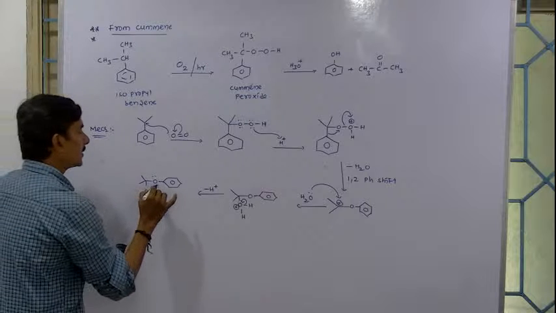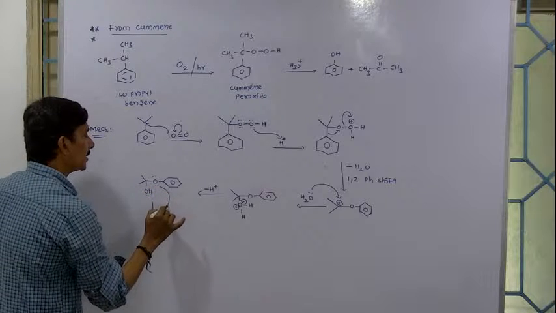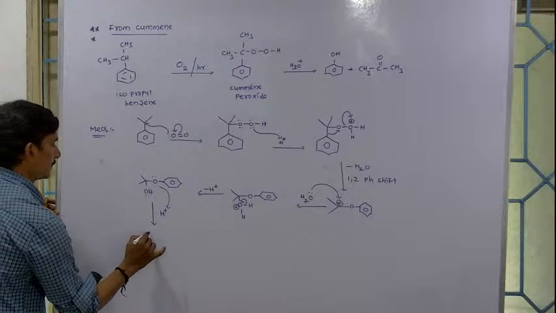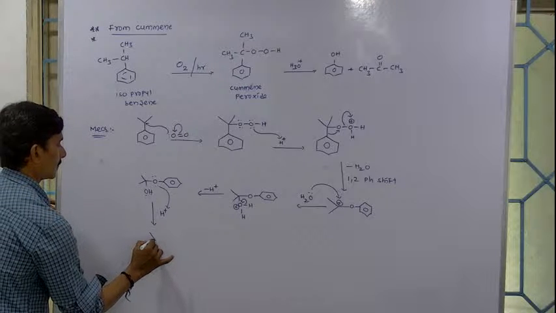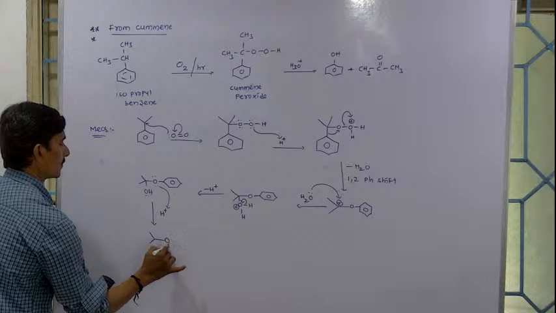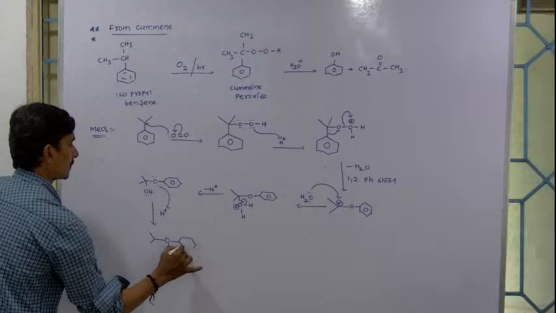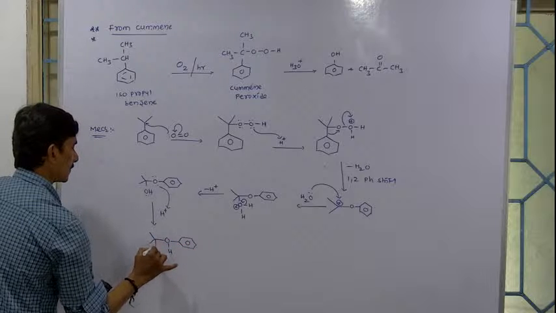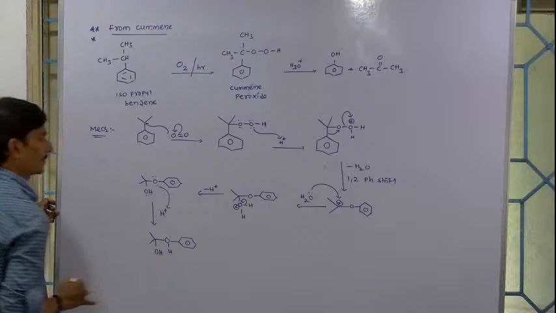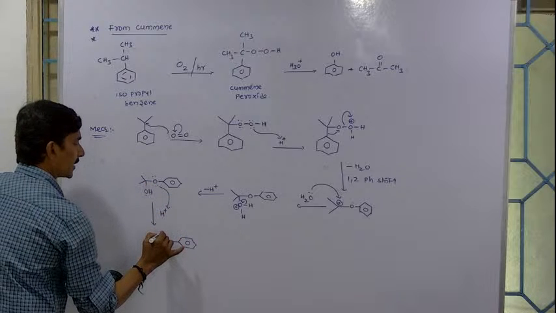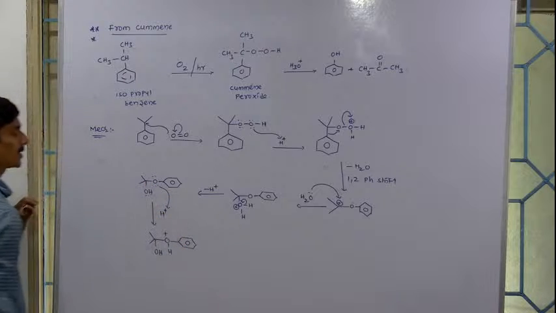So this oxygen atom of the phenyl group is involved in the protonation. Donation of the electron to the H plus ion, it acquires what charge now? A positive charge.